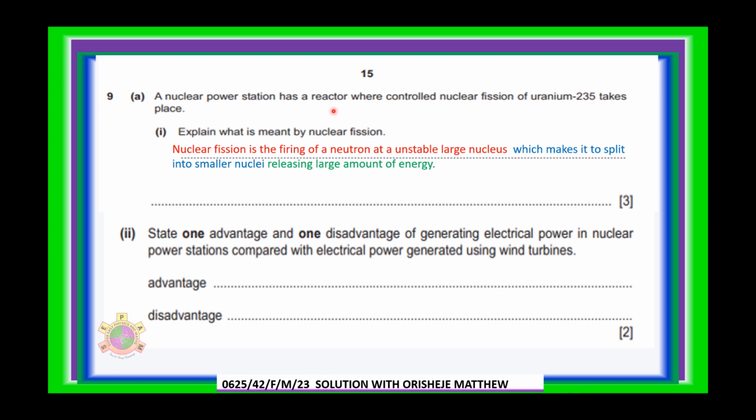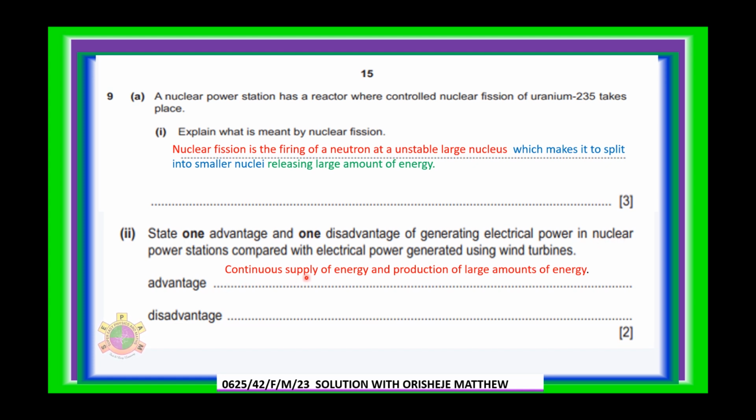Now, state one advantage of generating electricity using nuclear power than using a wind turbine to generate electricity.